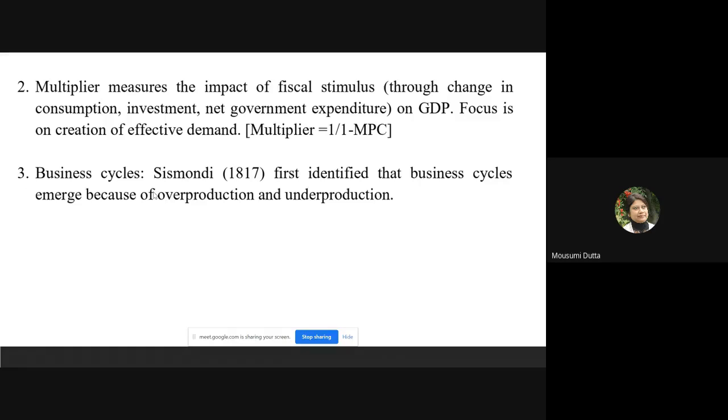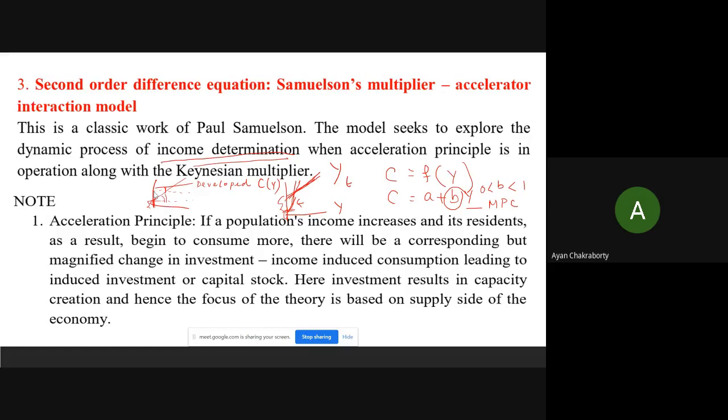Ma'am, will the induced investment keep increasing with time? Yes, there is a possibility if there is a positive relationship between consumption and income.